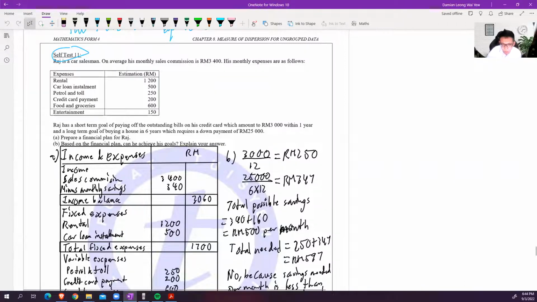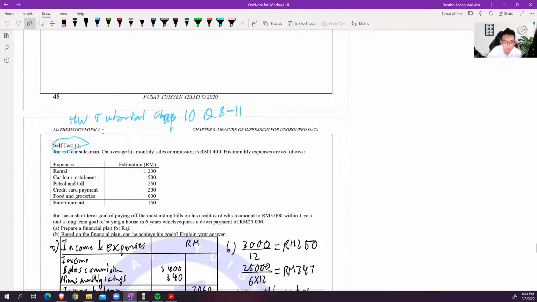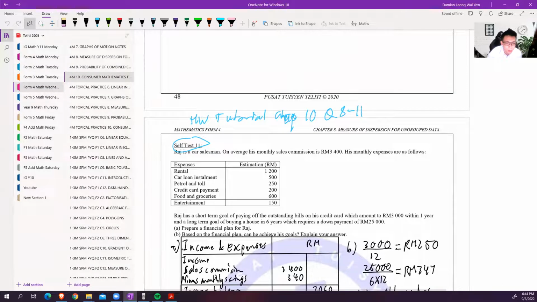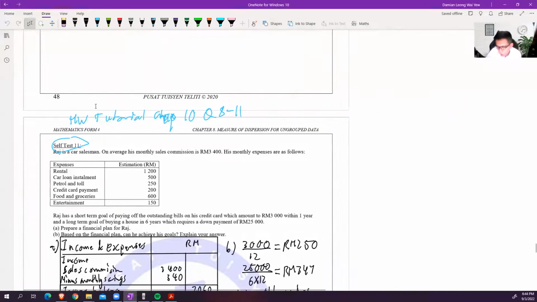So there's not too much on chapter 10 as well. This is chapter 10. So, you see the whole 10 chapters in Form 4.